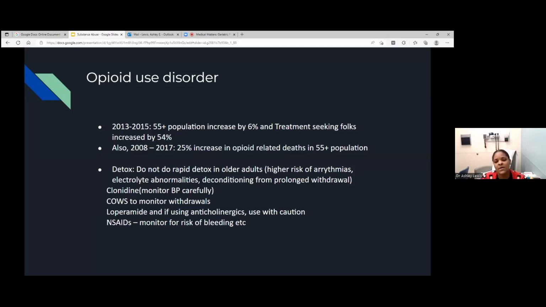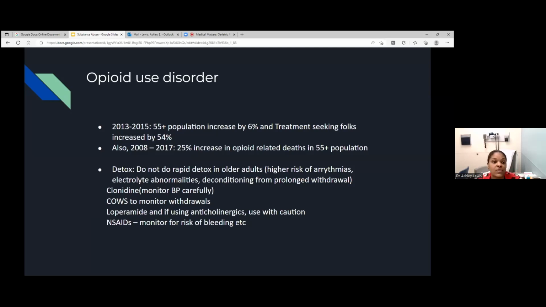So when you're talking about opioid withdrawal and detox for opioid use disorder, it's more uncomfortable, but it's not necessarily a medical emergency. You'll have symptoms like nausea, vomiting, diarrhea. Just think about being very leaky. So detox, do not do rapid detox in older adults.